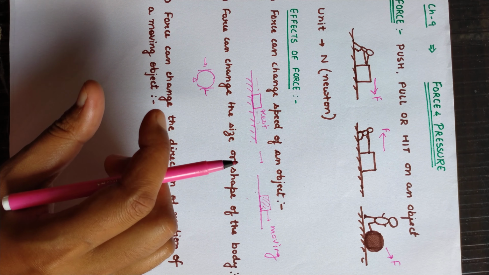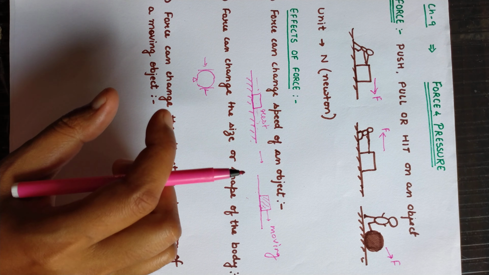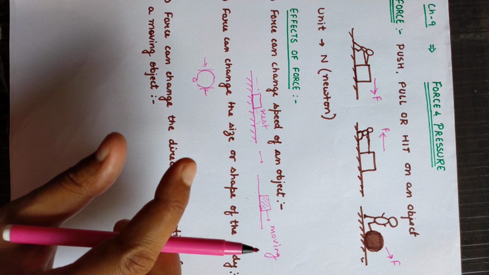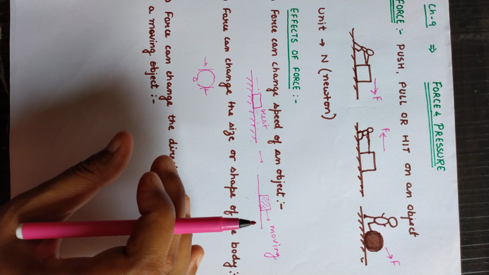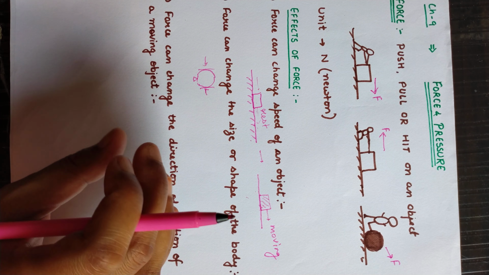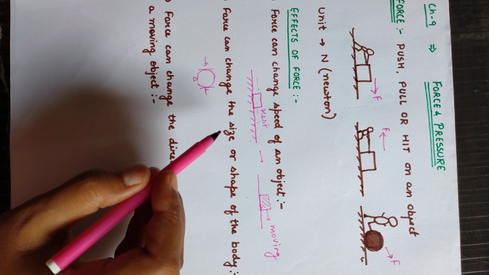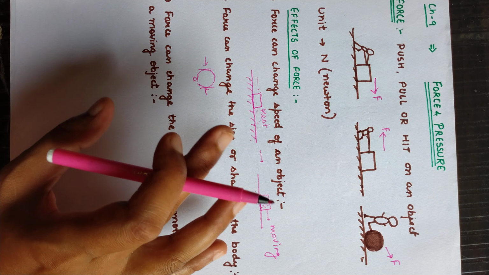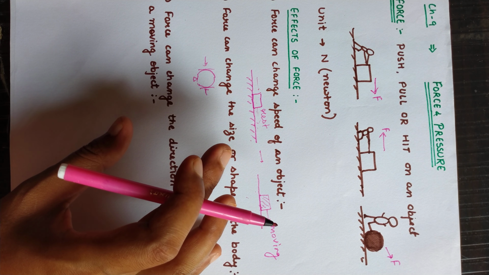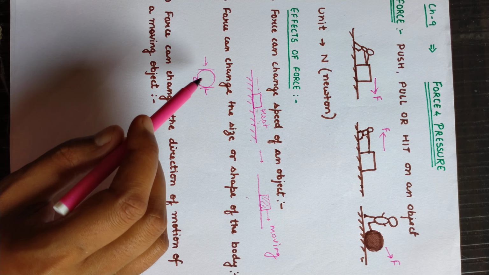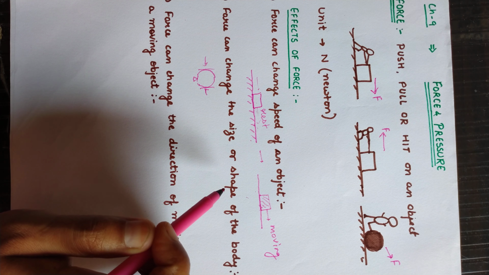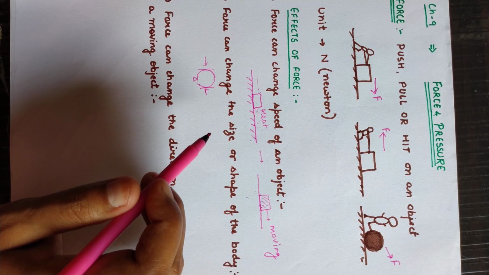Suppose we have a toothpaste tube, we squeeze it, so we apply force, that's why the shape changes. We have a ball of dough, आटे का गोला है, we apply force, तो उससे रोटी बन जाती है. So there are so many things by which we can say that on applying force the shape and size of the object change.